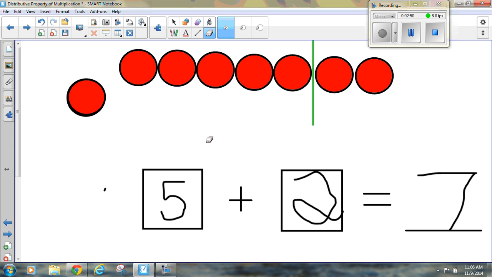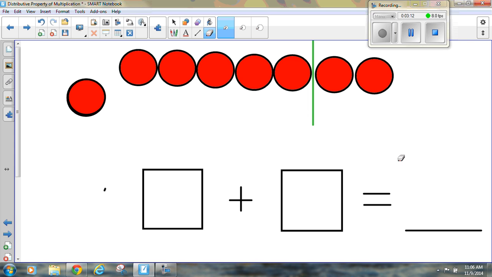Very good. Let's see if we add a couple more objects to this. Let's see what we get. Try it one more time. Let me erase these. We'll add some more over here and see what it looks like.